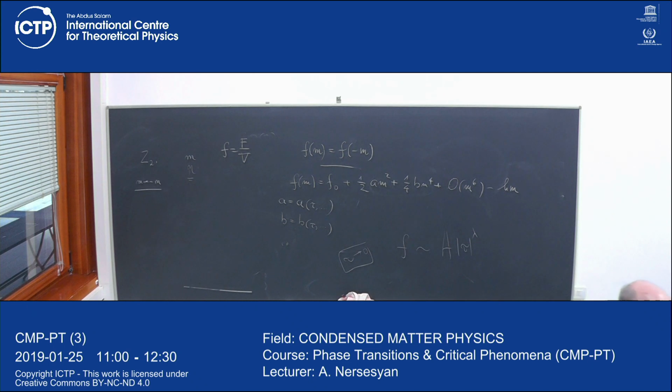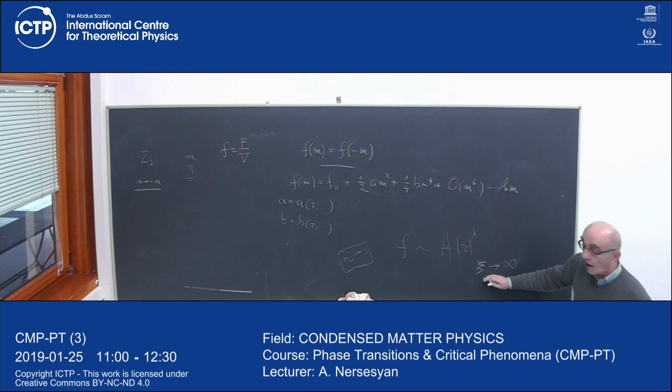Now, when you say, I have an infinite number of degrees of freedom, that means that I have an infinite number of particles, infinite volume, and only for such systems may the correlation length go to infinity. Because in a finite system, the correlation length cannot exceed the linear size of your object. So therefore, it is the only meaningful physical quantity which controls all peculiarities of the behavior of your system when it approaches the phase transition point.